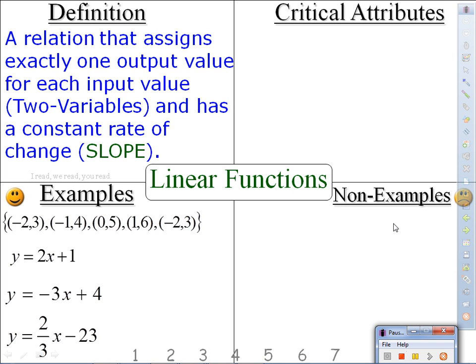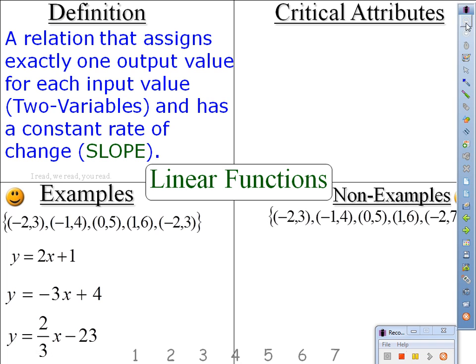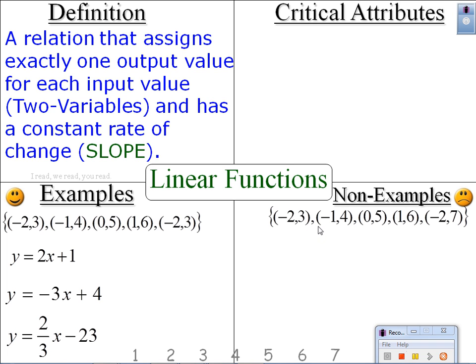Let me show you what a non-example is. So check this out. If they give us this relation right here, this is a relation, because it's a collection of ordered pairs. But this is not a function. So think about it. If this is a function, why is this not a function? Think about it first.